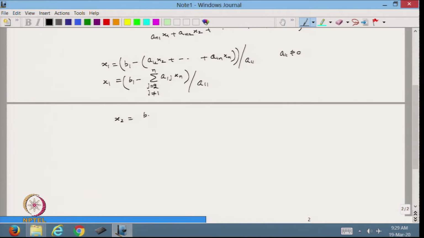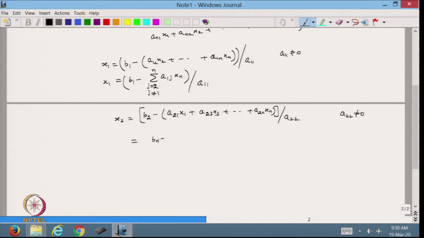Then I will take b2 minus a21 x1 plus a23 x3 and so on up to a2n xn, since a22 is already taken, and then I am dividing it by a22. In this case also I am considering that a22 is not equal to 0. In fact it should not be a very small number, because if we divide by a very small number, then we may lose significant digits.